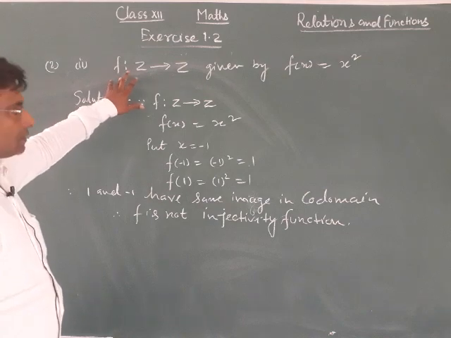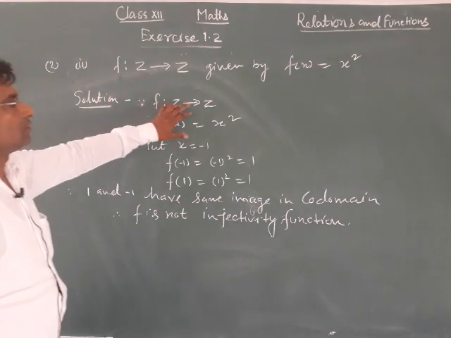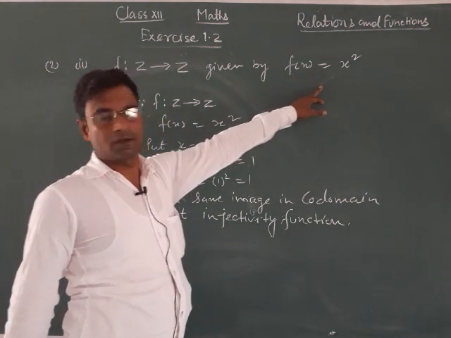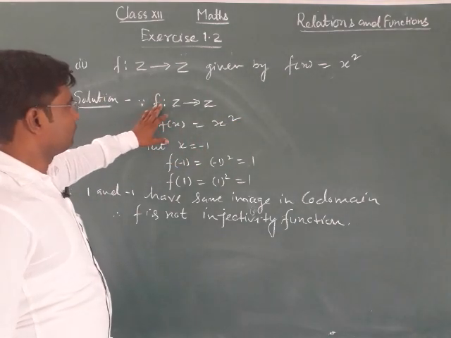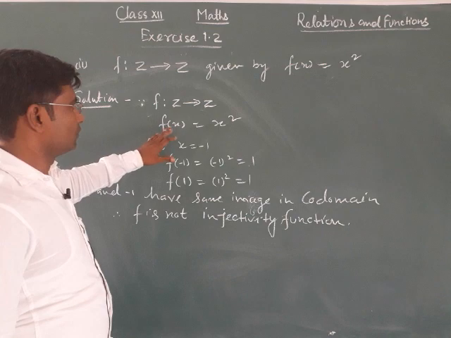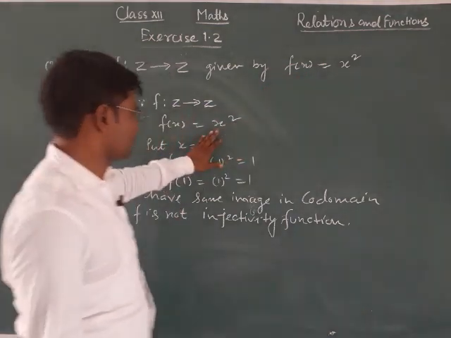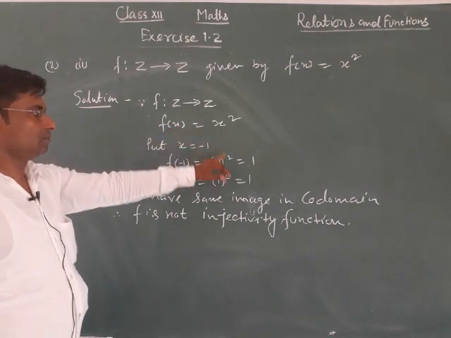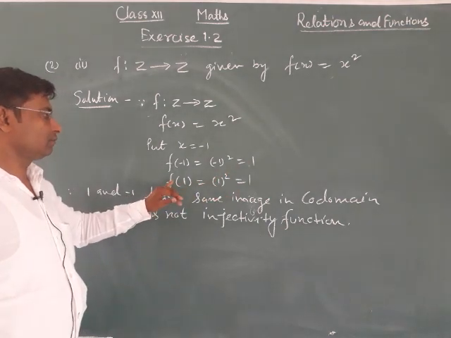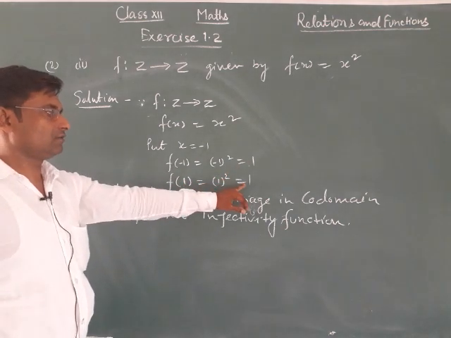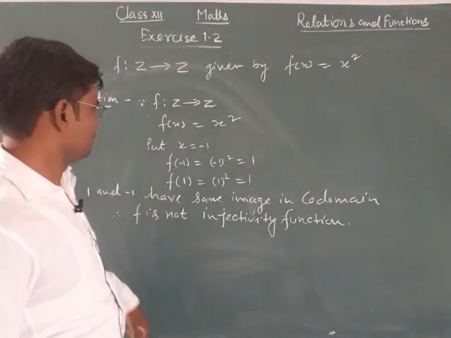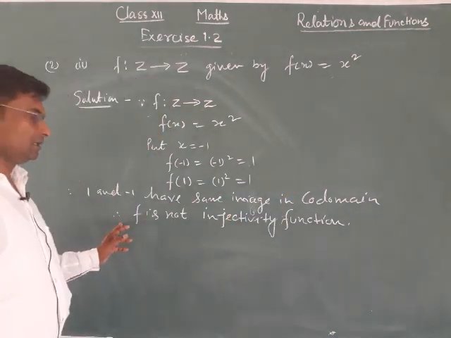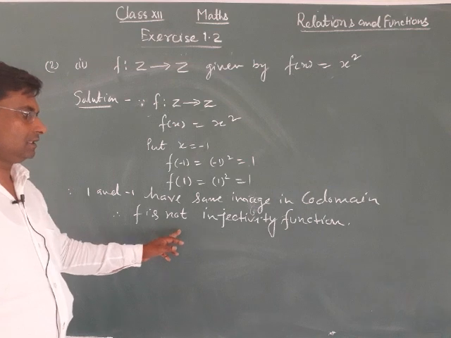Given function f from Z to Z and function f(x) is equal to x square. Now put -1: (-1) square is 1, and put 1: 1 square is 1. So these are the same. So 1 and -1 have the same image in codomain, therefore f is not an injective function.